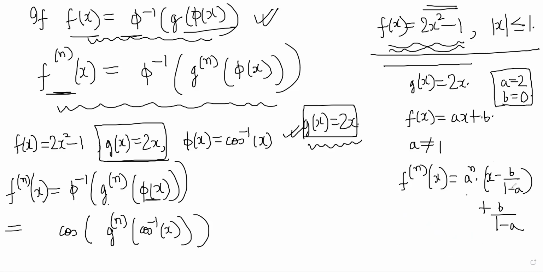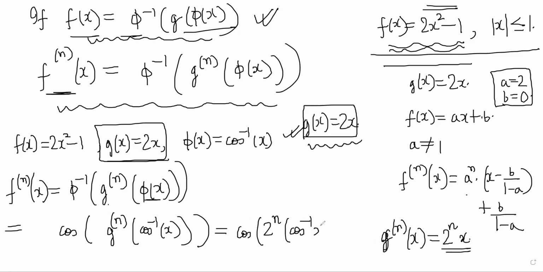If you put a equal to 2 and b equal to 0, you will get g^n of x is simply 2^n x, right? You can use the previous problem's result to get g^n of x, and therefore this is basically equal to cos of 2^n cos inverse x, right?